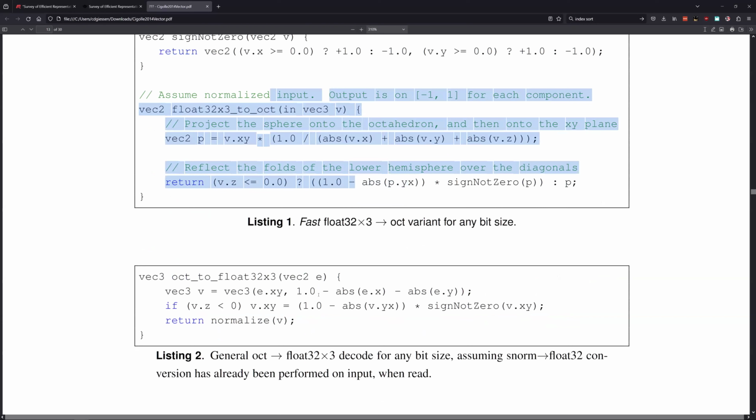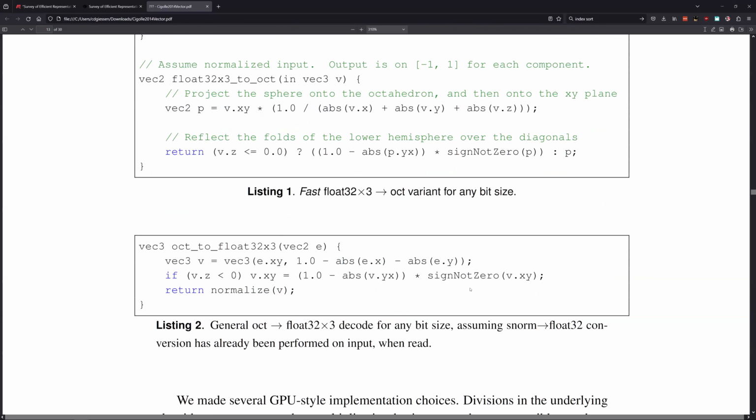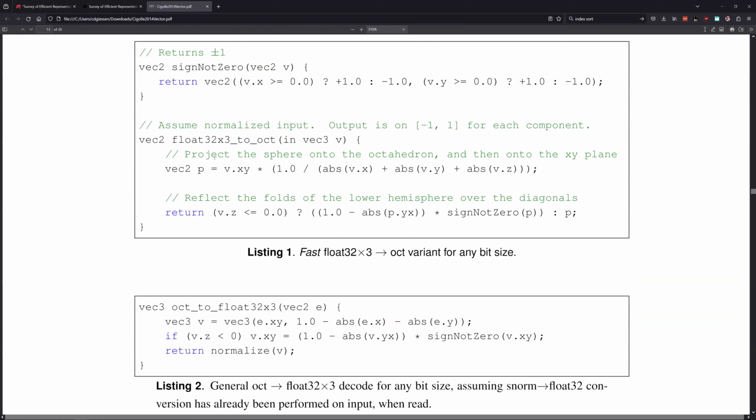Is this the precise version here? Or is this, oh, this is decoding.